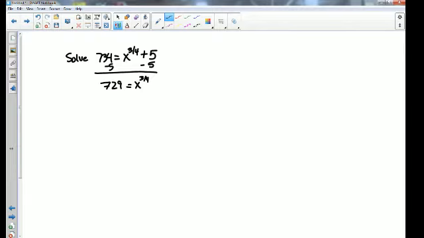Okay, so when I solve this, I want x to the first power on the back, right? I want it to be x equals. So in order to manage that, I have to raise this to the 4/3, and I have to do this one too, because 3/4 times 4/3 is 1. So we get x equals. And again, using my big number strategy, what's the cube root of 729? It's 9, right?